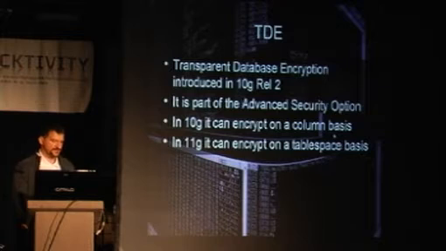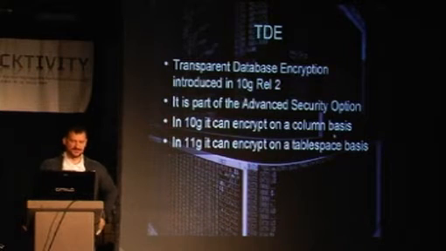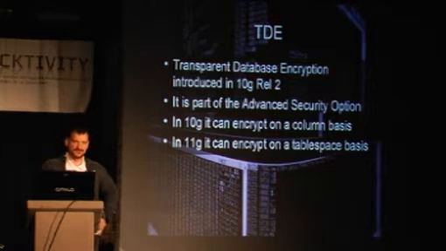Okay, so transparent database encryption was introduced with 10G release 2. Unfortunately, the advanced security option, which means that we need to pay up to Oracle a bit more, could encrypt in 10G on a column basis, which means that when we created a table, we could specify which column should be encrypted.